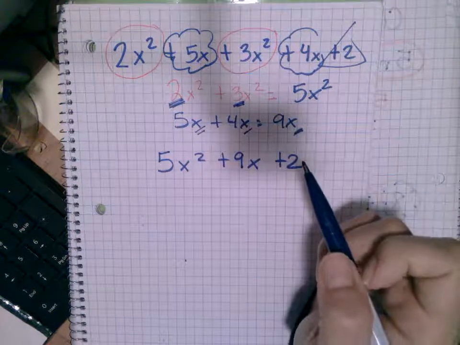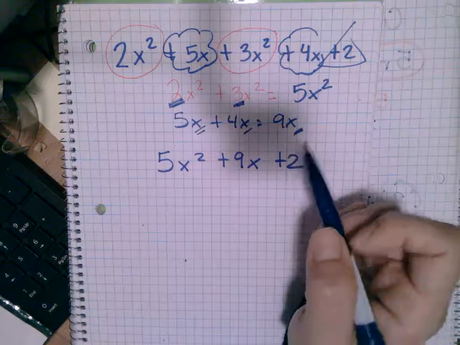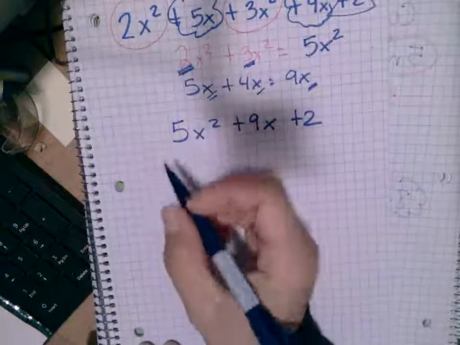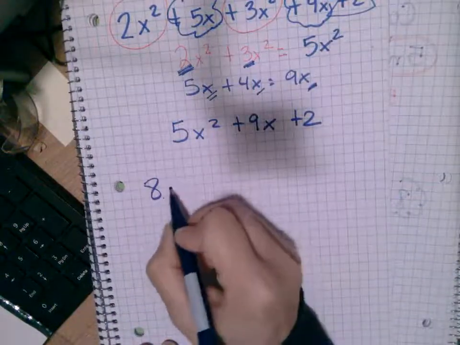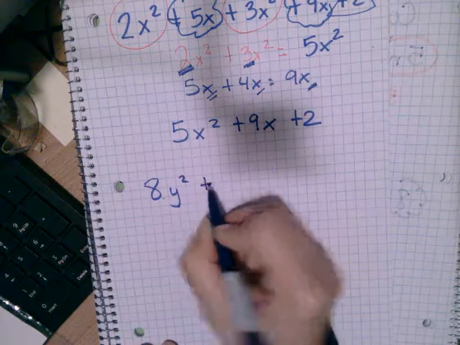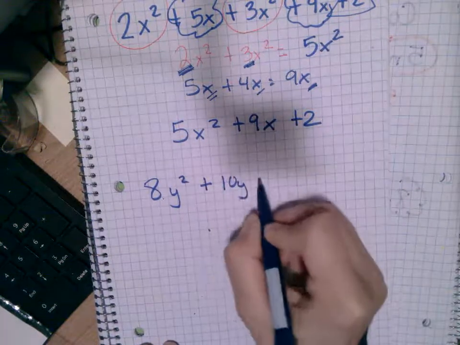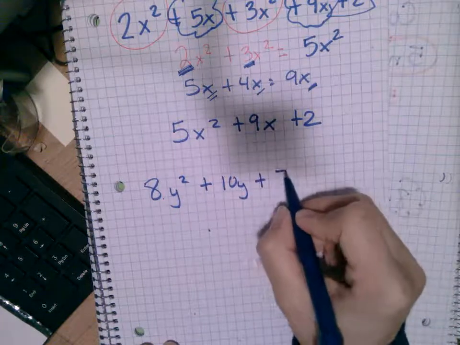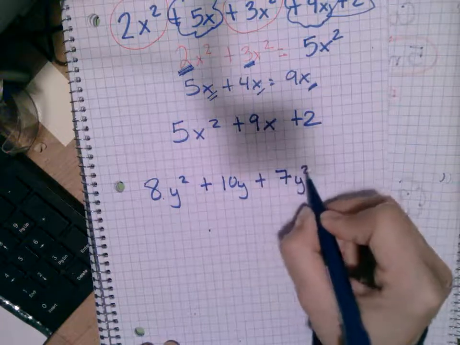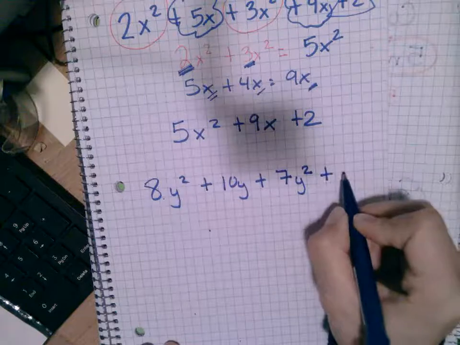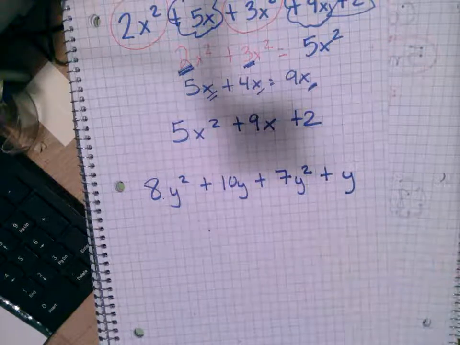Okay. So maybe I should use completely different numbers. Let's say 8y squared plus 10y plus 7y squared plus, let's say, a y. Okay.